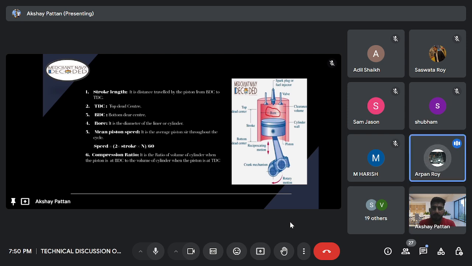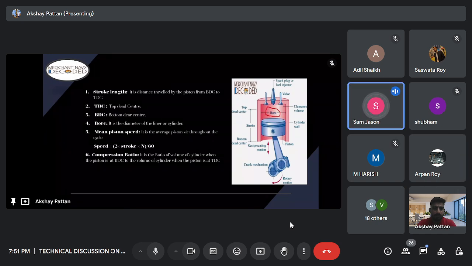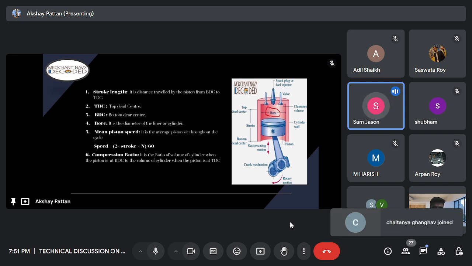According to stroke, it is of two types: two stroke engine and four stroke engine. According to fuel, it is a diesel engine and petrol engine. It can be classified on the basis of piston arrangement. It can also be classified on the basis of movement, like rotary and reciprocating.